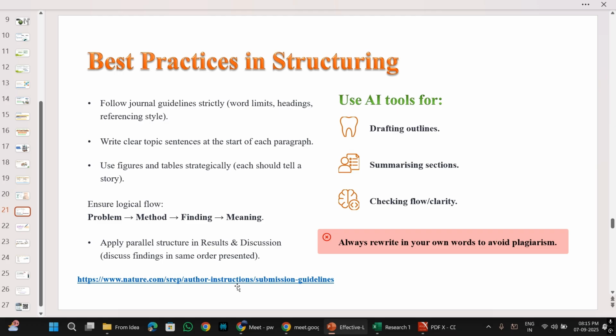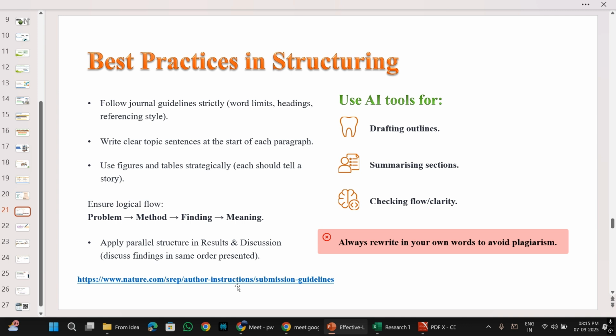AI might help you, and then you can correct it as per your requirement. Summarize each section. You can ask AI, okay, this is my research problem, I need to write an introduction section. What are the different things that I have to include in this introduction? Such an exercise we will also do.